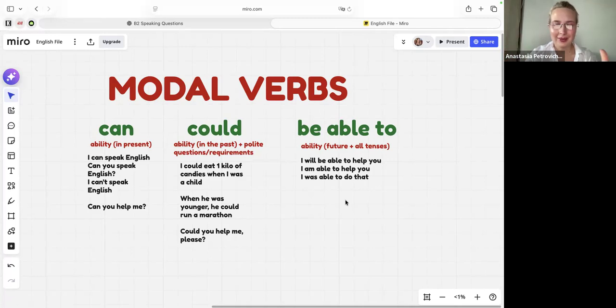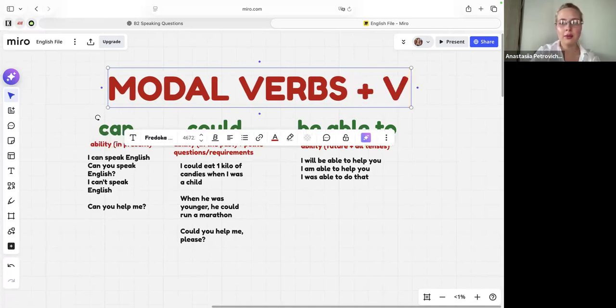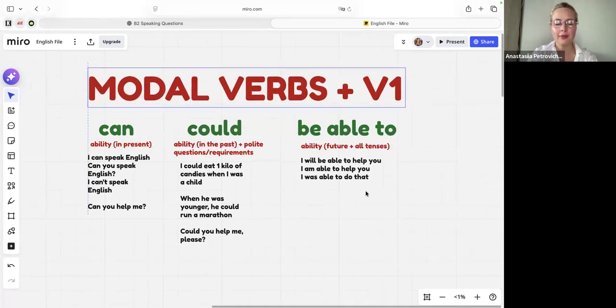This is what we know when it comes to ability. Let me know in our chat, please, if that is clear. And while you're doing that, I just want to write one more thing for you to make it even more understandable, that after all modal verbs, we use verb first form.